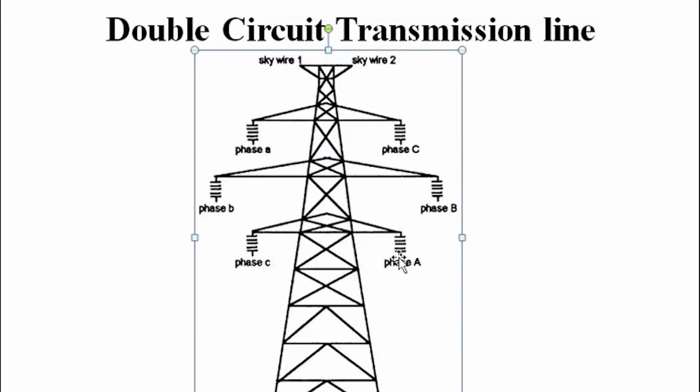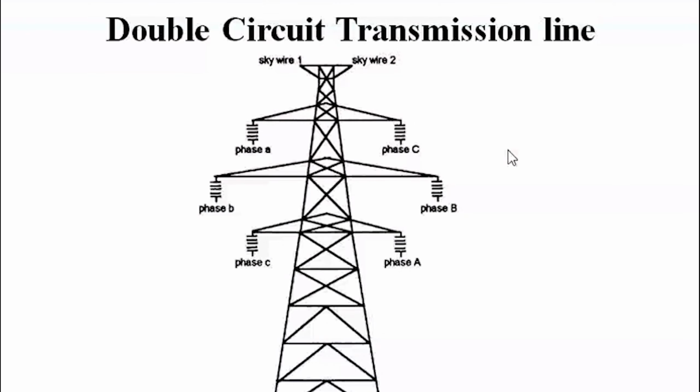In the other circuit, the sequence for phase R Y B starts from the bottom. In one it starts from the top, in the other it starts from the bottom. This is the structure of the double circuit line.